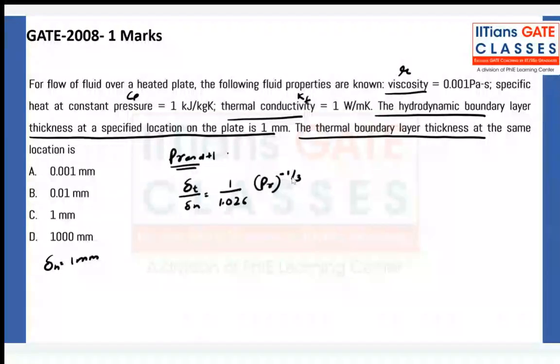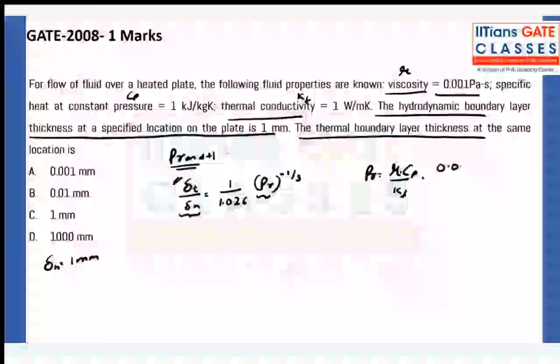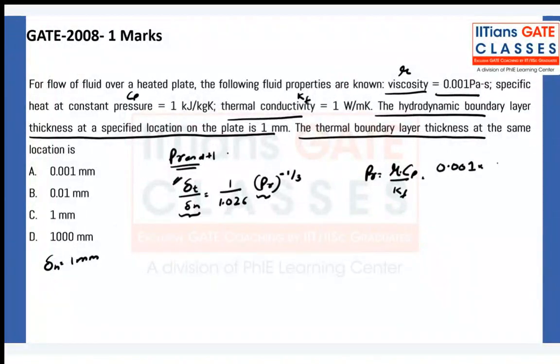If you can calculate this, you can find the thermal boundary layer. Prandtl number will be equal to mu Cp by K of fluid. Now mu is 0.001. Cp is 1, but this is in Pascal and this is in kilojoule, so it will be converted into 1000, and thermal conductivity is 1 watt. So it will be equal to 1.